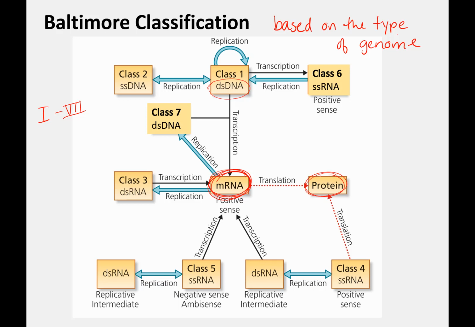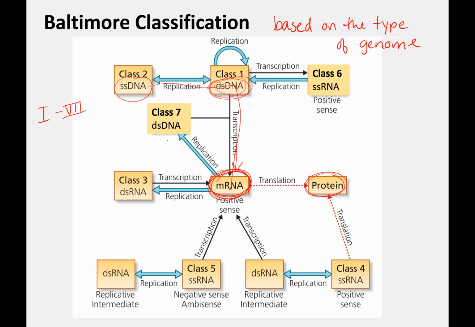And so as you can see as we go through here, we have double-stranded DNA viruses that can be directly transcribed to mRNA. We have single-stranded DNA viruses that have to replicate to double-stranded before they can be transcribed.